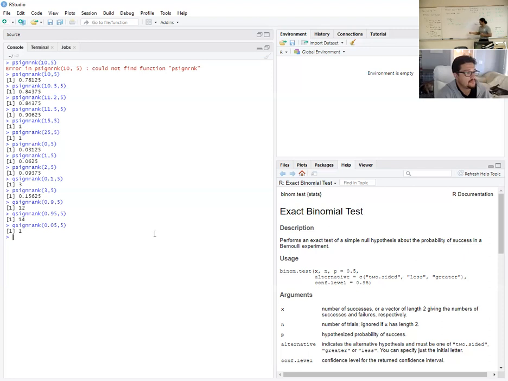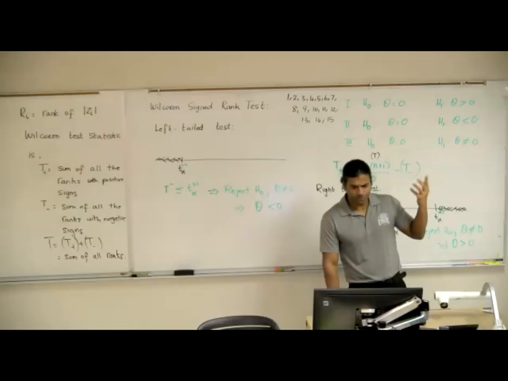So under the null distribution, you will get T to be the sum of all ranks. Are we clear? So you need R to find the critical value. On an exam, I will provide you with a short, small table of critical values.